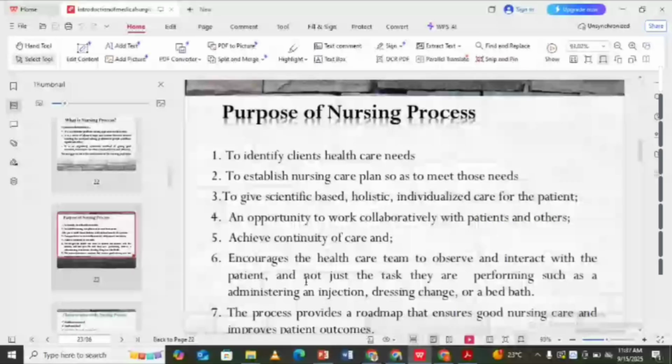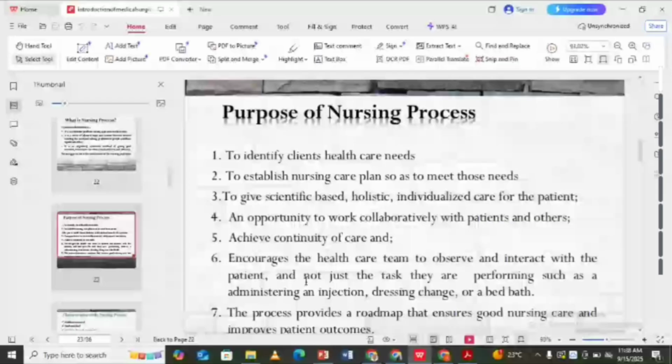Anybody who comes after you to continue care from where you left off can see what has been done thus far, and from there they are able to pick up, because the cues already show what was picked from the patient.